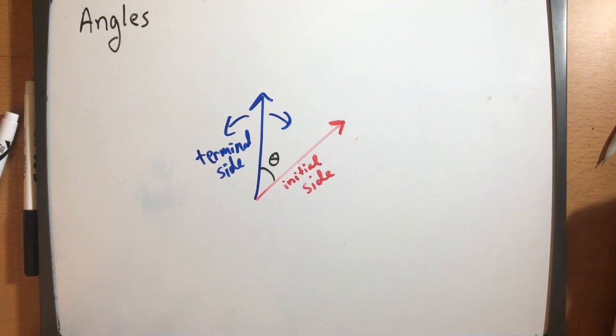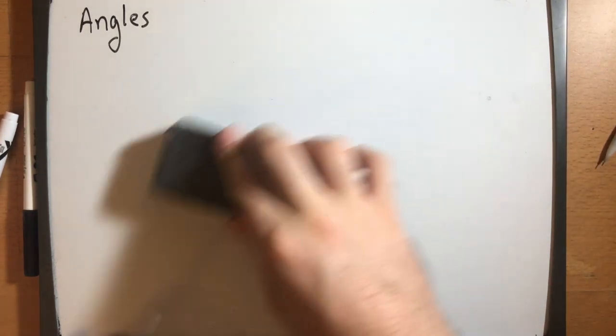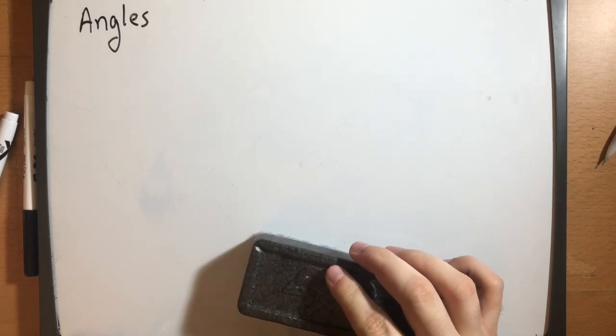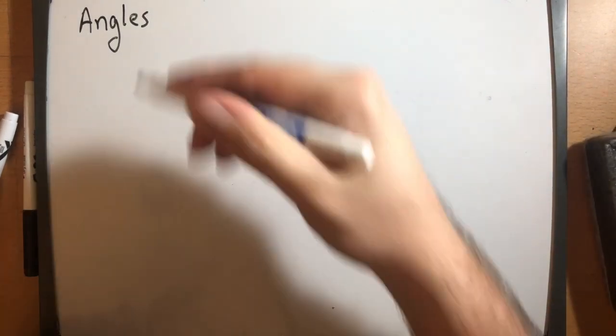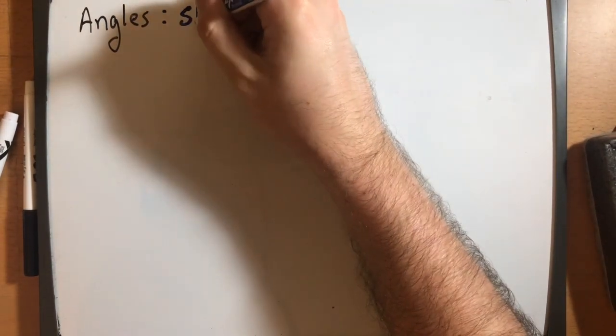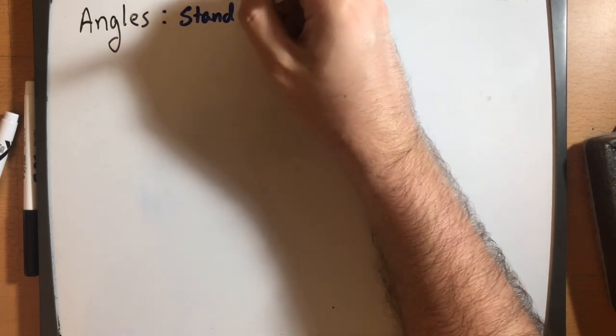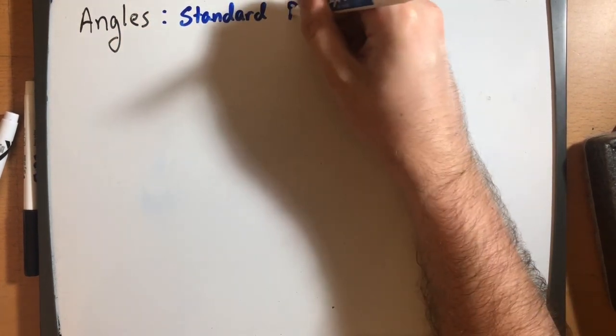This leads us into the most important way that we observe angles in trigonometry, and this is angles in standard position. So let's focus here on angles in standard position.